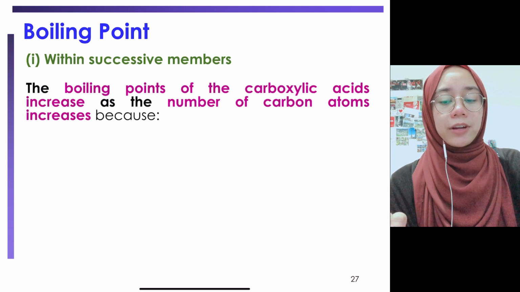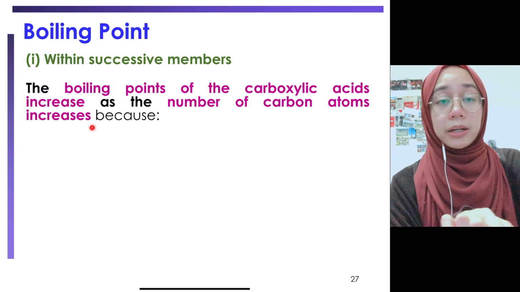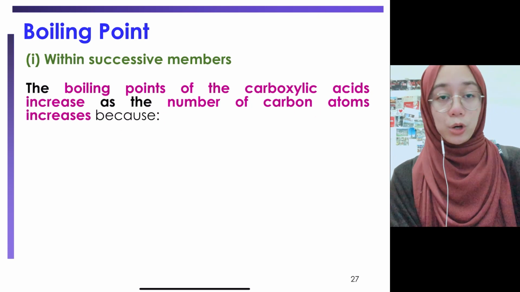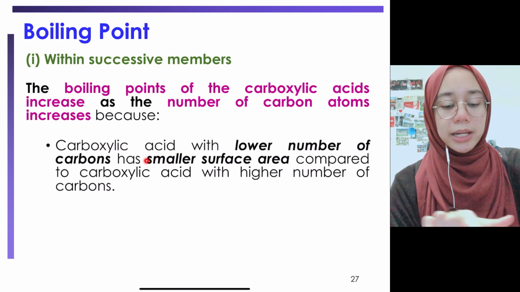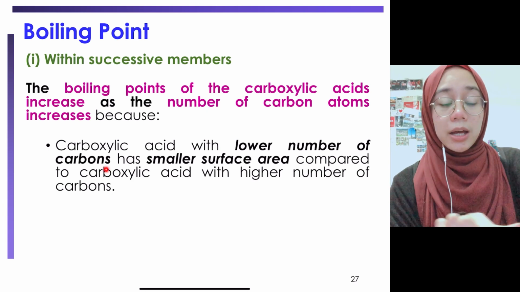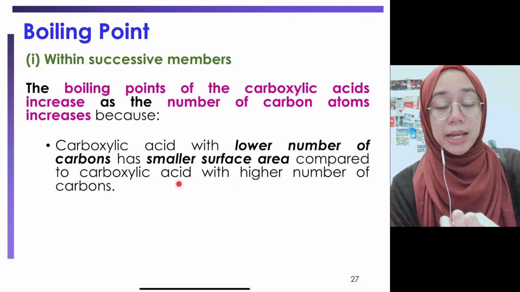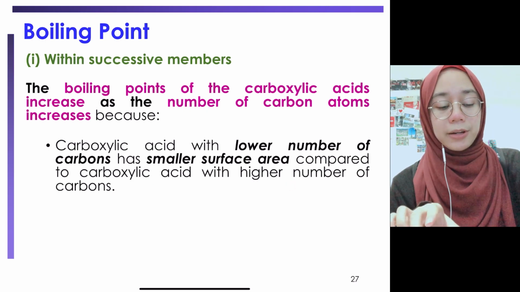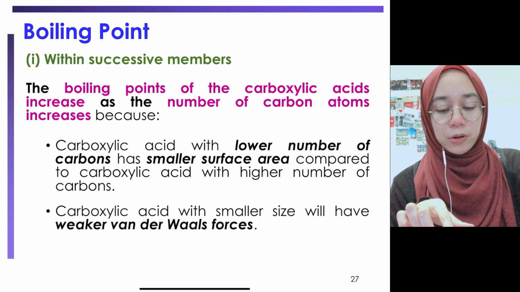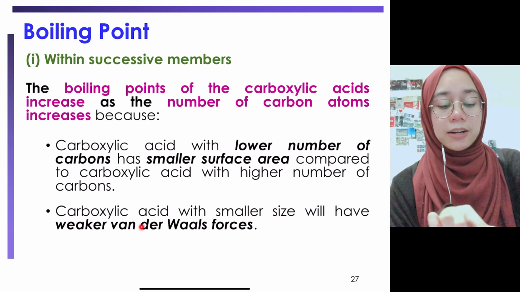The boiling point of the carboxylic acid increases as the number of carbon atoms increases. You should already know this point, because if the carboxylic acid has a lower number of carbon, it has a smaller surface area, compared to the one that has a higher number of carbon, which has a larger surface area. So the one with a smaller surface area, the smaller size, has weaker van der Waals forces.